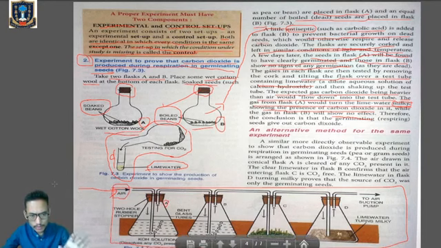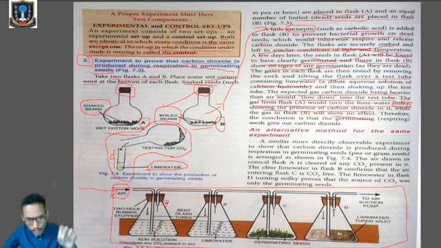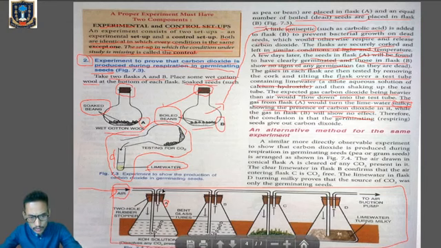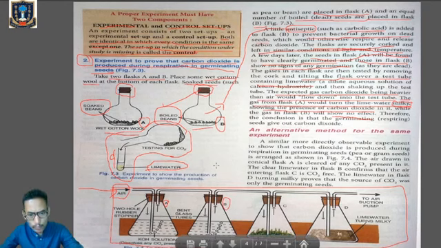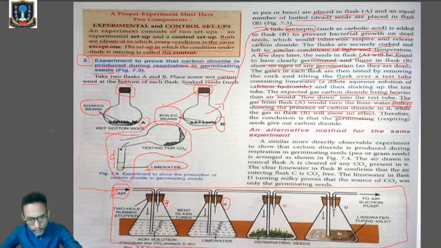Now since flask A contains KOH, all the carbon dioxide present in the air will be absorbed. So that will ensure that the air going into flask B will be free of carbon dioxide. Clear? Flask B contains lime water, and if the air passing from A to B contains carbon dioxide, then the lime water will turn milky.